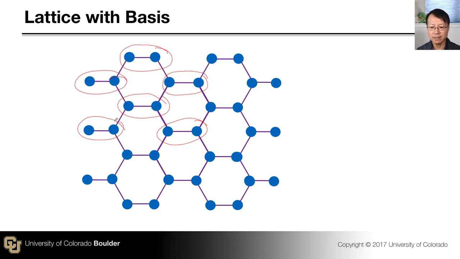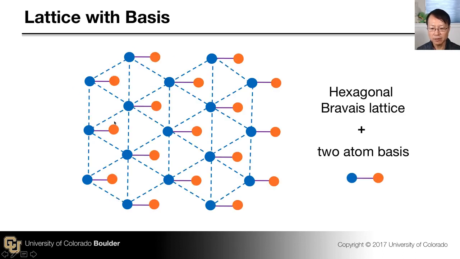To highlight that, I changed the color of one of the atoms in the pair. So in this case, the atomic pair is made of one blue and one orange.